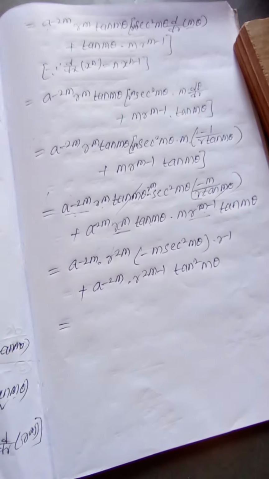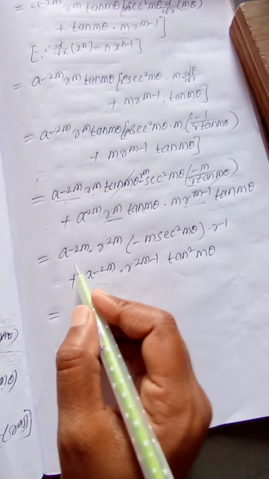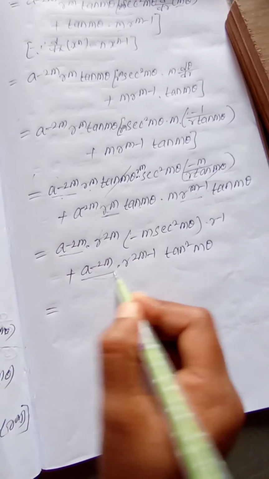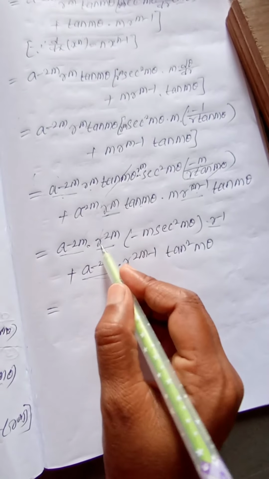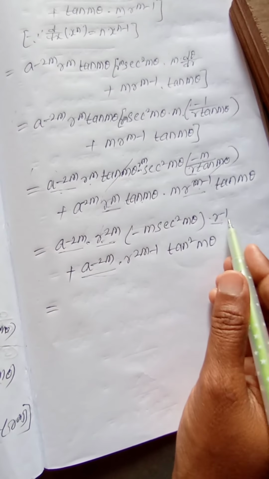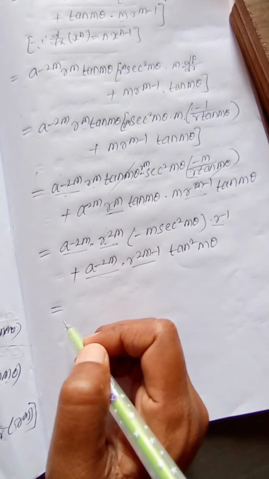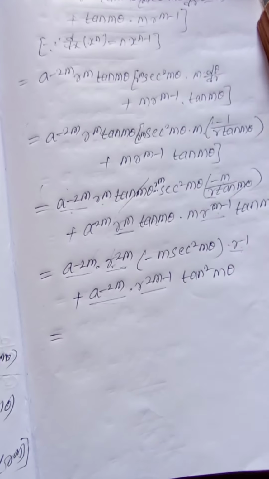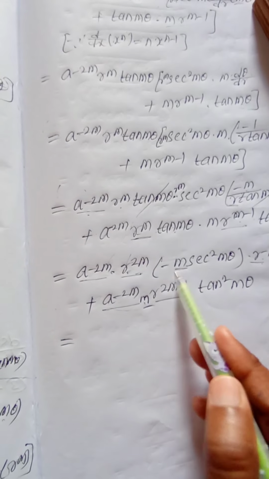So this equal to, in these two terms a to the power of minus 2m is common, and r to the power of 2m minus 1 is common, and m is also common in these two terms.